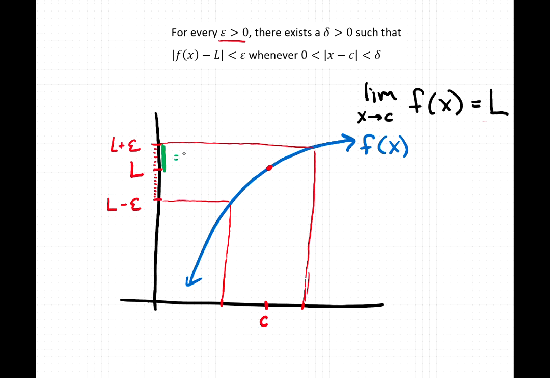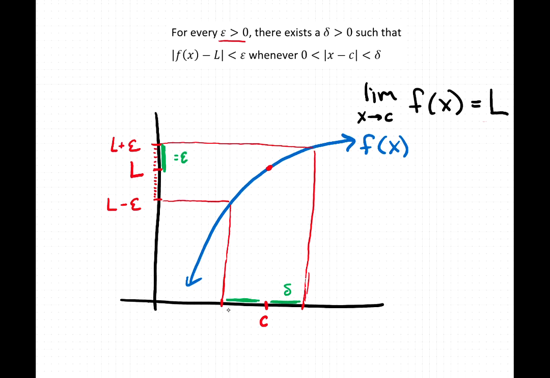That distance is this number epsilon. So once I pick that distance epsilon, I go back to the function. So I sort of go backwards from the y values back to the x values. And so this right here would be delta. Well, whichever one of these is larger would be delta.